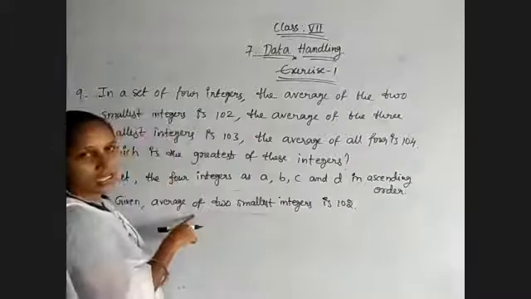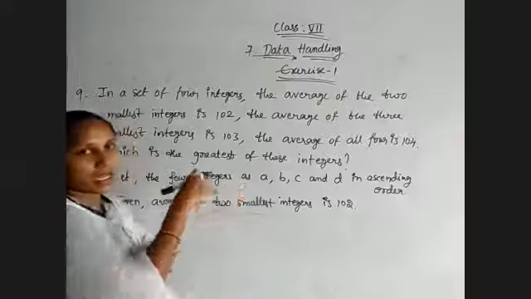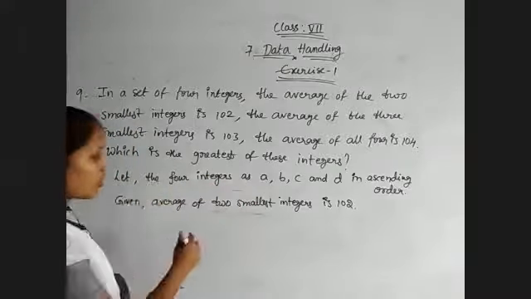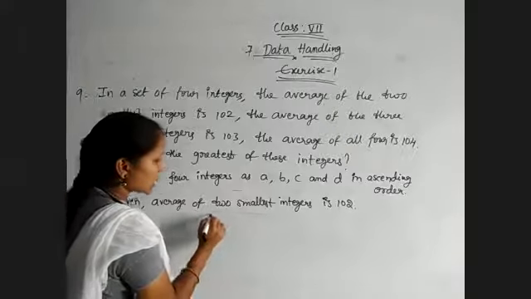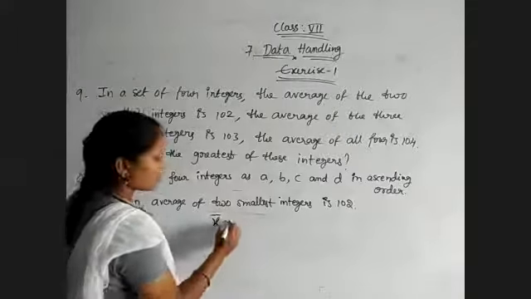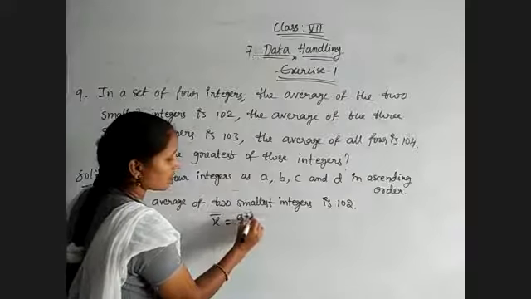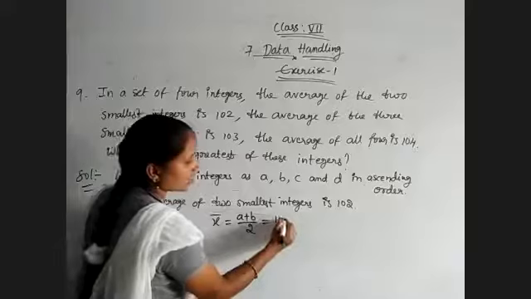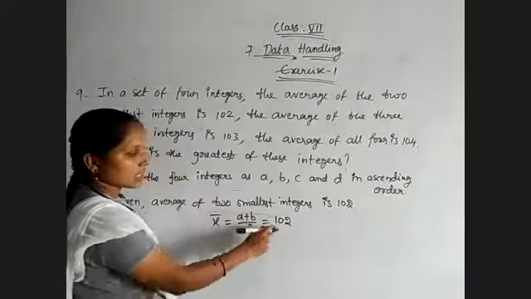Average of two smallest integers. Here the smallest integers are A and B. Average of those two integers is (A plus B) by 2, so I am taking X bar equal to (A plus B) by 2. It is given as 102.